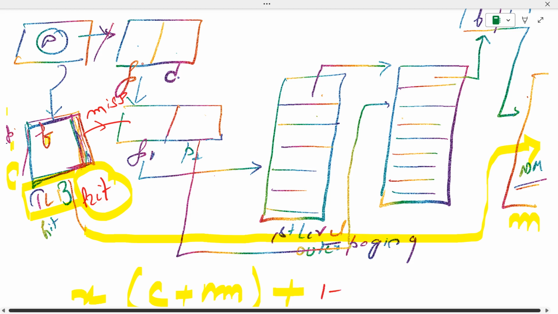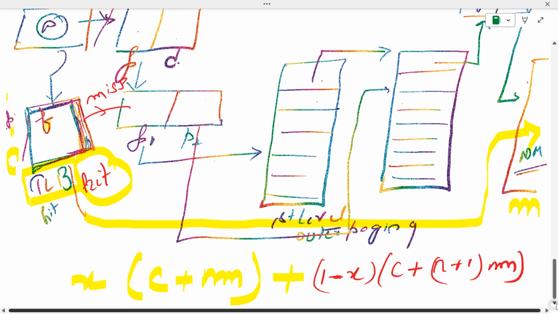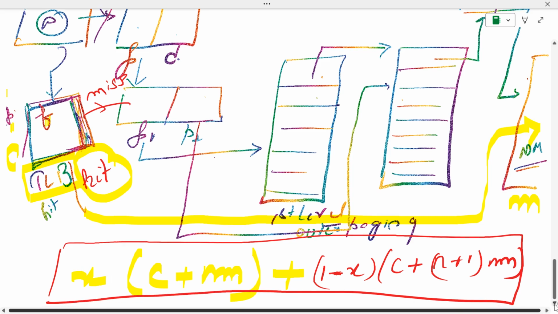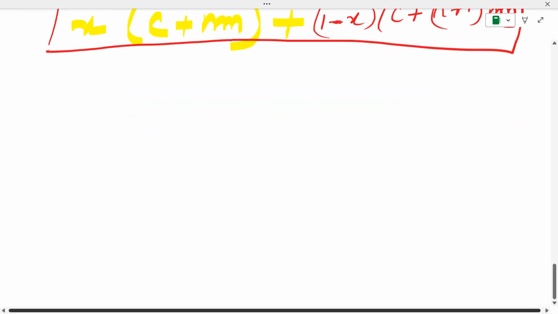So it is (1 minus x) into (accessing the TLB, plus we have to go through all the levels, that is n plus 1 into m). So this is the effective memory access time in case of second level multi-level paging, right?